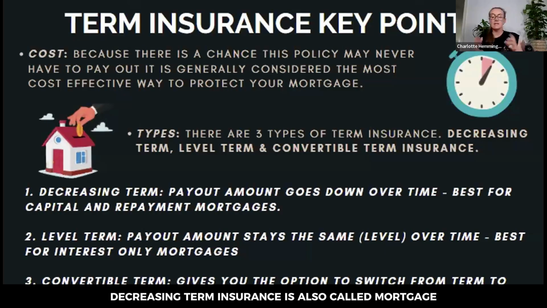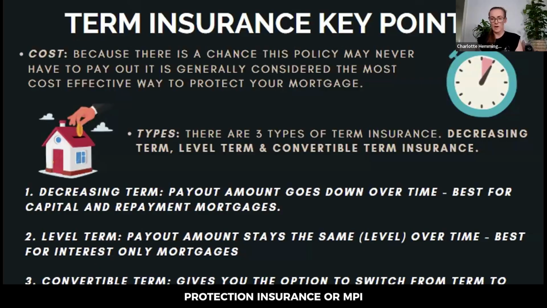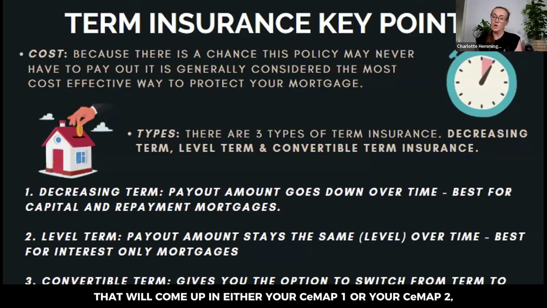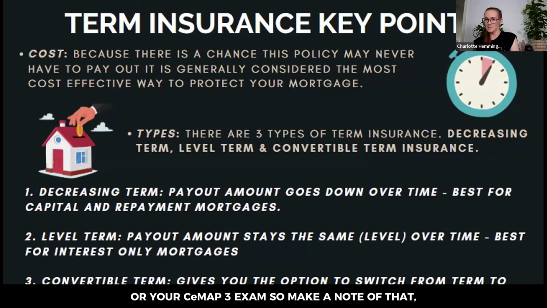Decreasing term insurance is also called mortgage protection insurance, or MPI. That will come up in either your CeMAP 1 or your CeMAP 2 or your CeMAP 3 exam, so make a note of that. The way that this works is the payout amount goes down over time, just like your mortgage outstanding balance.